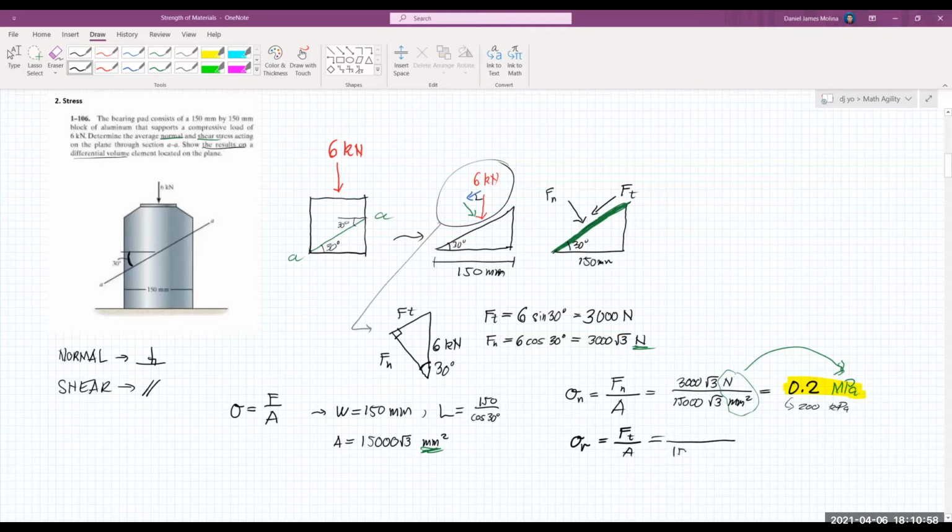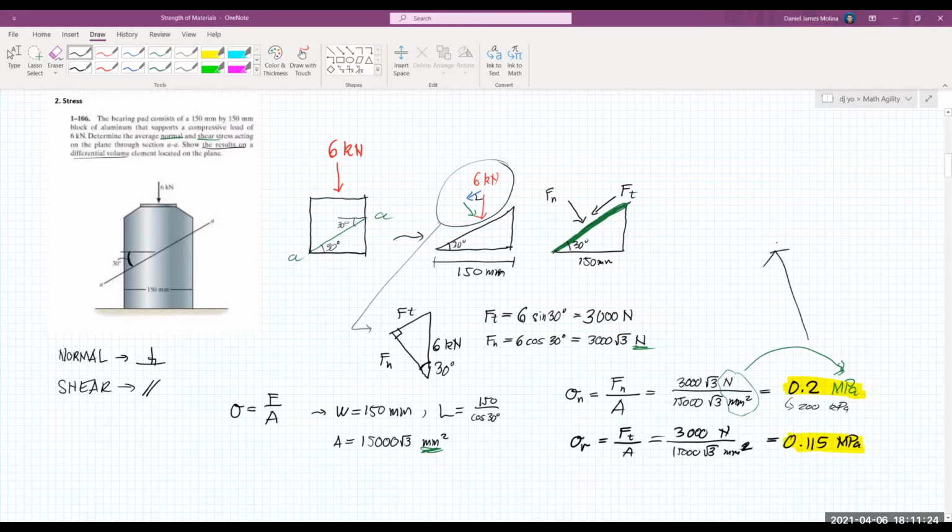That is 15,000 square root of 3 square millimeters here. And then the tangential component, that is 3,000 newtons. Okay, simplifying, the value is approximately 0.115 megapascals.